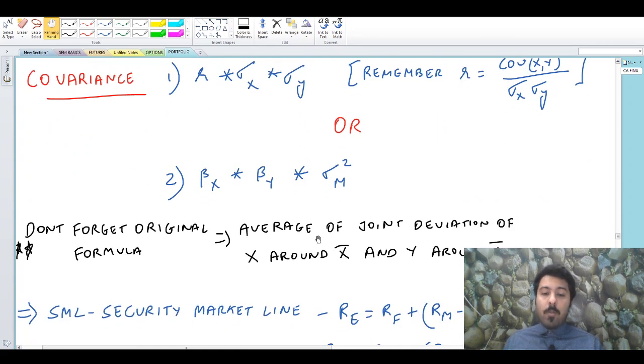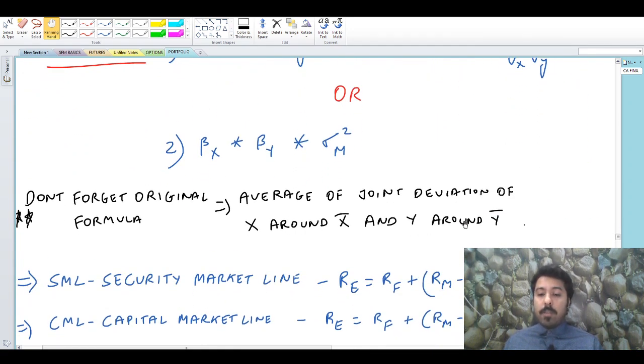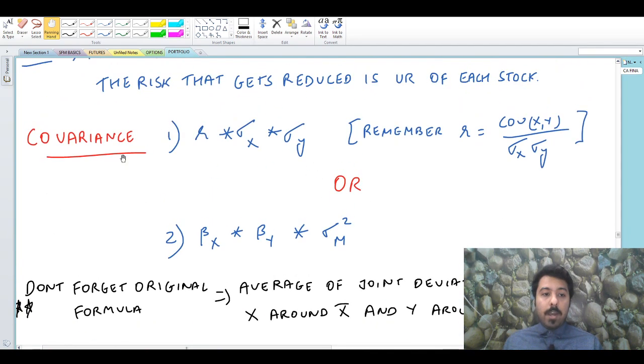And we have other formulas for covariance too. The original formula is the average of joint deviation of x around x bar and y around y bar. Okay, and the other formula can be r into sigma x into sigma y. If you look closely, this isn't something that you need to learn. Why? Because how do we calculate r? Covariance xy upon sigma x sigma y. If you cross multiply, you get covariance. So if you have r, sigma x and sigma y given, you multiply all of them and you can get the covariance between x and y.